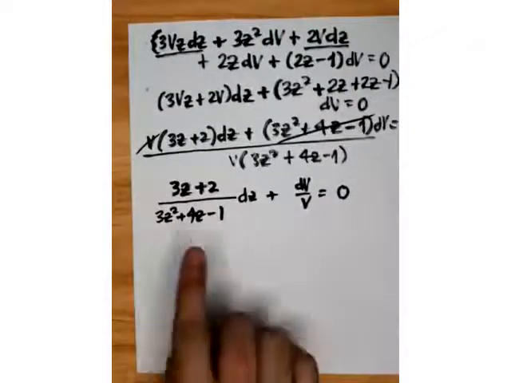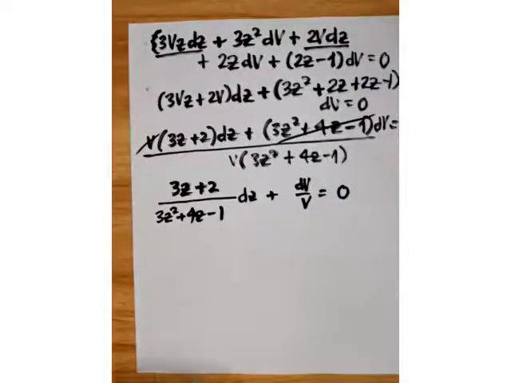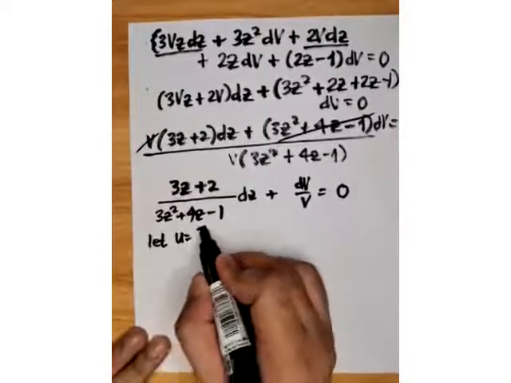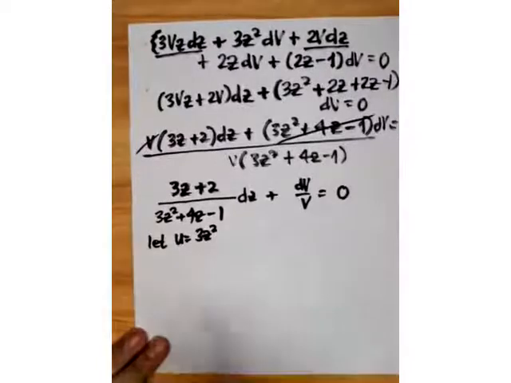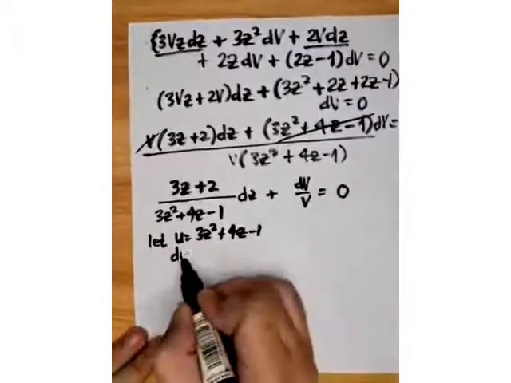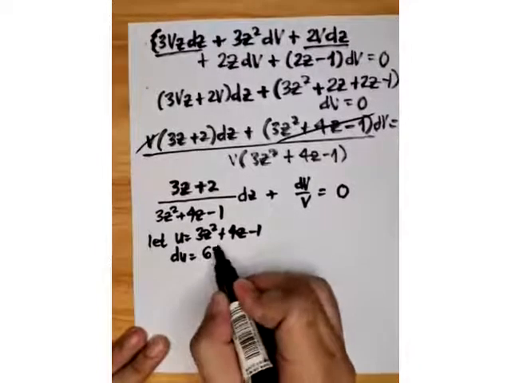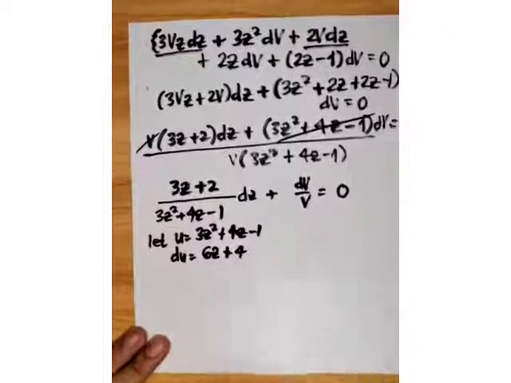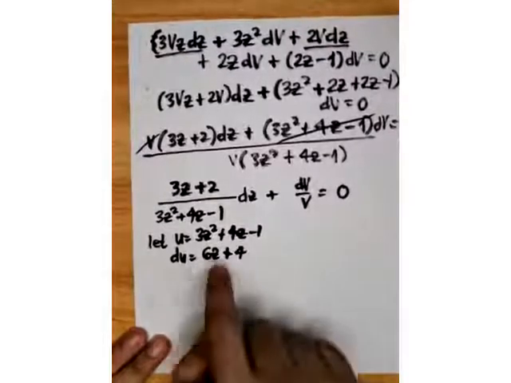Okay. Paano natin to integrate? So if we will let u is equal to 3z squared plus 4z, so the derivative is 6z plus 4. Papalabas ba natin yung numerator?